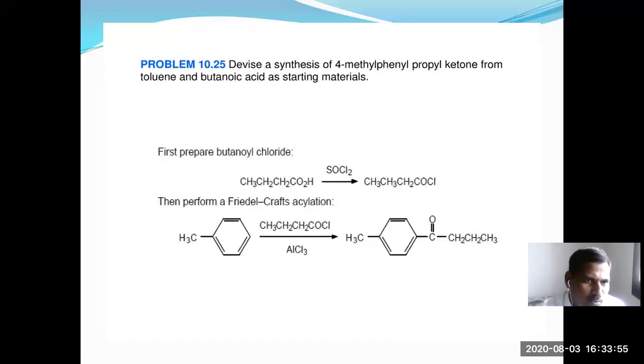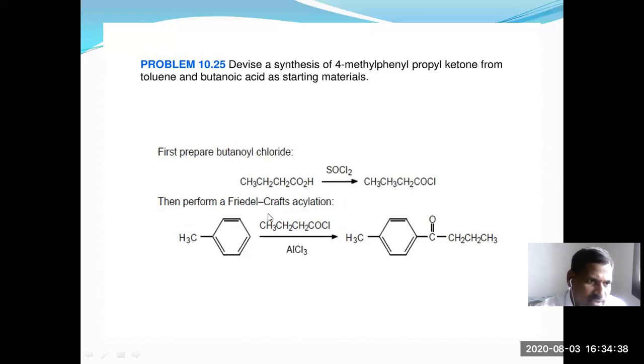This compound is prepared from toluene and butanoic acid as starting materials. So the problem is synthesis of 4-methyl phenyl propyl ketone from toluene and butanoic acid. We take butanoic acid and react it with thionyl chloride, and we get the acid chloride, butanoyl chloride.